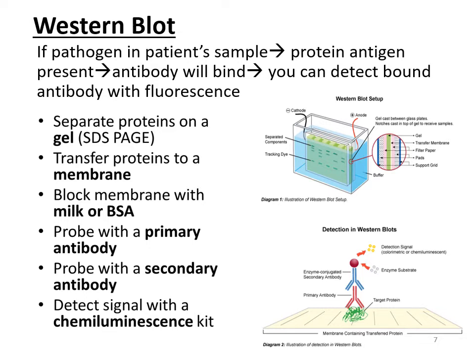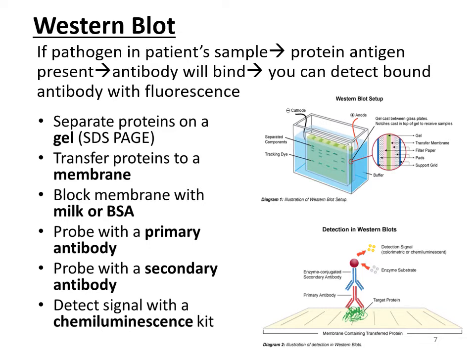So now, in their protein sample, you would have the bacterial antigen, and you apply a primary antibody that matches that antigen. So if they're infected, your primary antibody will stick to the membrane as well. If they're not infected, the primary antibody won't find anything to stick to and will get washed away.